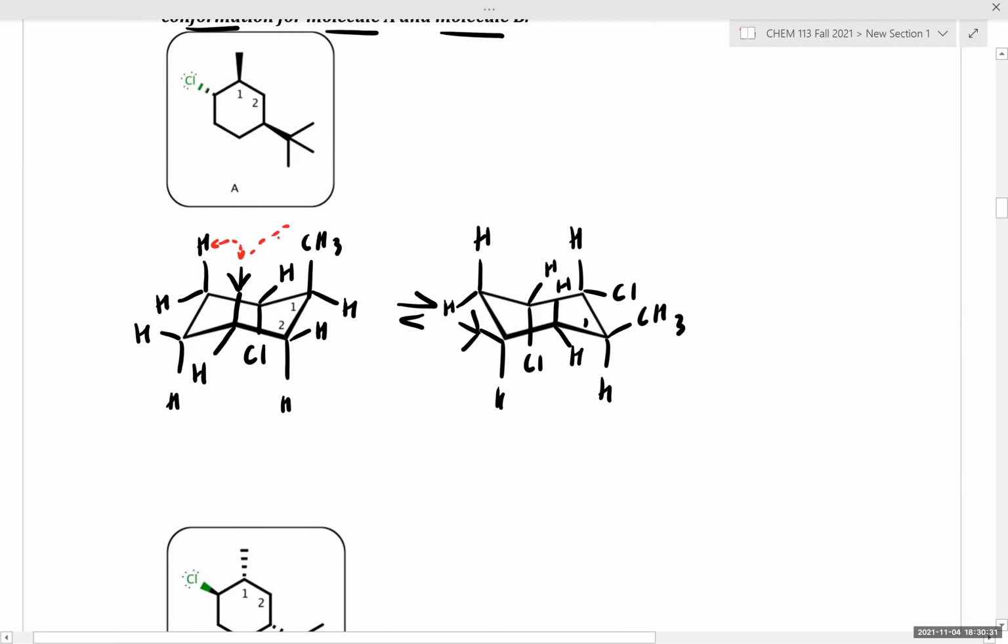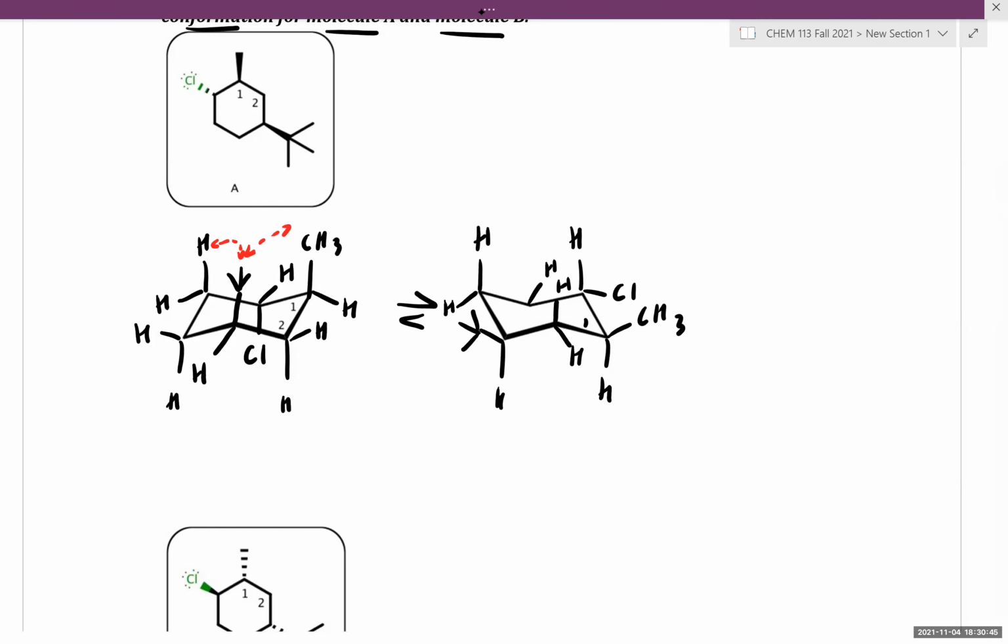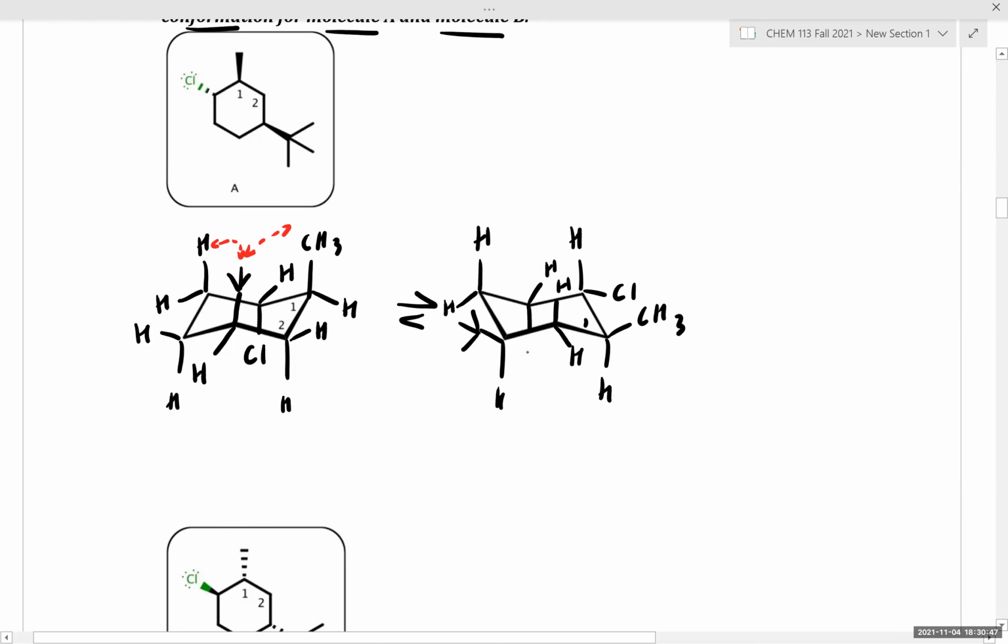So what 1,3 diaxial interactions do we have? First, on the reverse chair conformation, I think on carbon 6, there should be a... oh, yep, that should be a hydrogen. Perfect. Okay, so now that we've transcribed our 2 chair conformations from what we previously generated, let's look at some sources of steric and torsional strain.